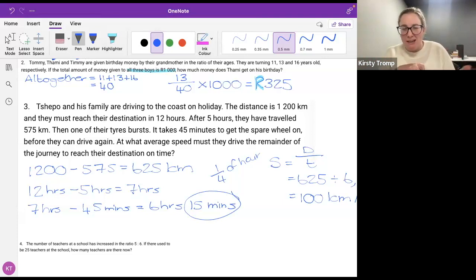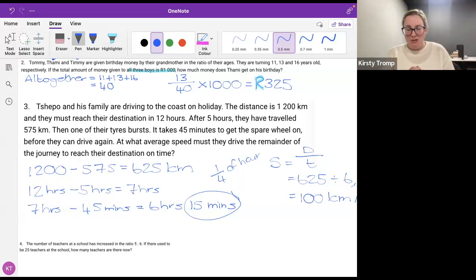It's lots and lots of words, right? So when you get a question that's lots of words like this, you must think to yourself, if I was in the car and I've driven nearly half the way already, what would I do? Would I start with 1,200? Definitely not.